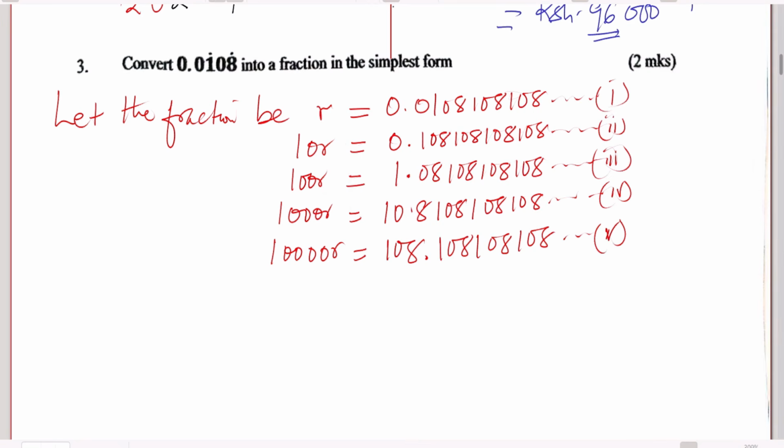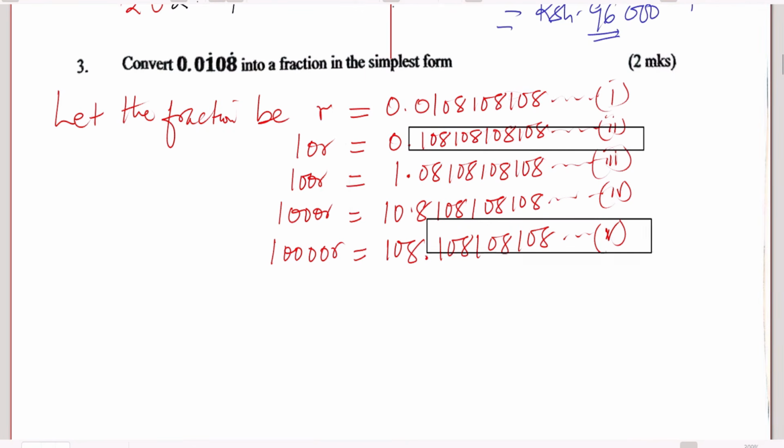That is equation 5. Now I've already spotted two equations that are similar from the decimal part. Look at this equation here and then look at this one. You can see the decimal part, 108, 108, 108, and so on. So in such a case, you are going to subtract equation 2.